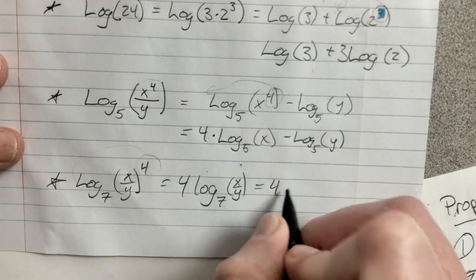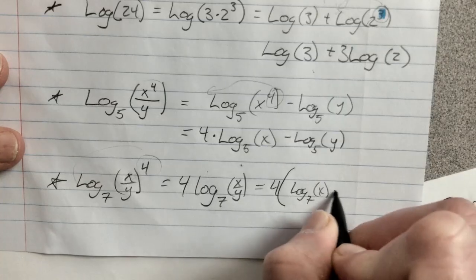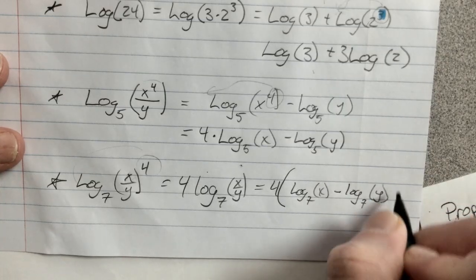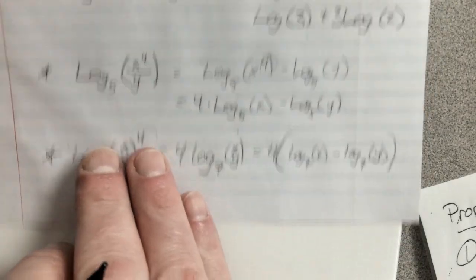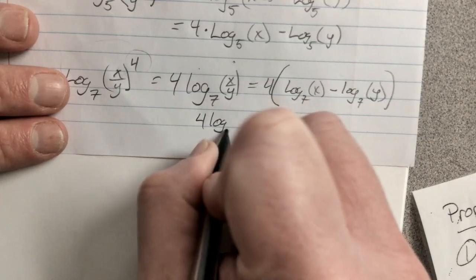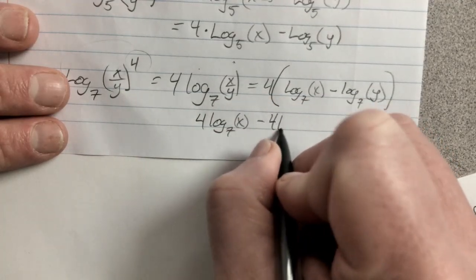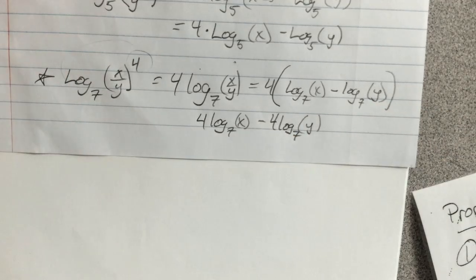So I get 4 times log base 7 of x minus log base 7 of y. So it would be a distribution situation. So at the very end, we would end up with 4 log base 7 of x minus 4 log base 7 of y.